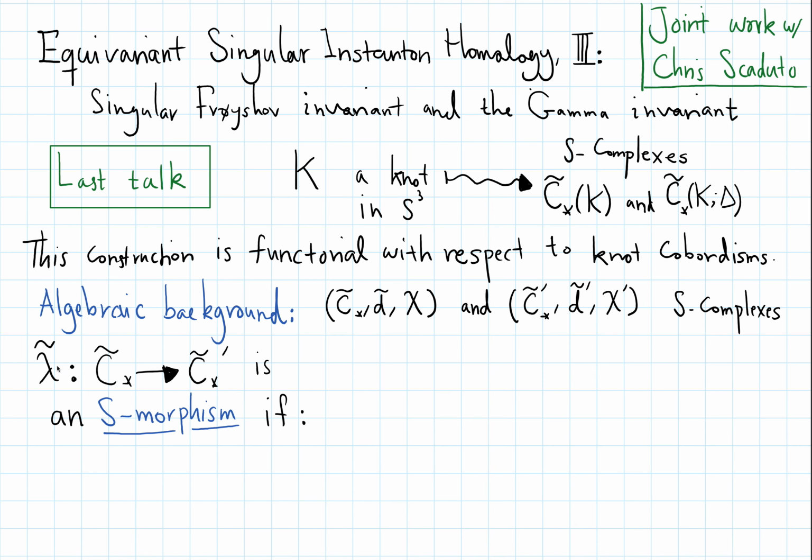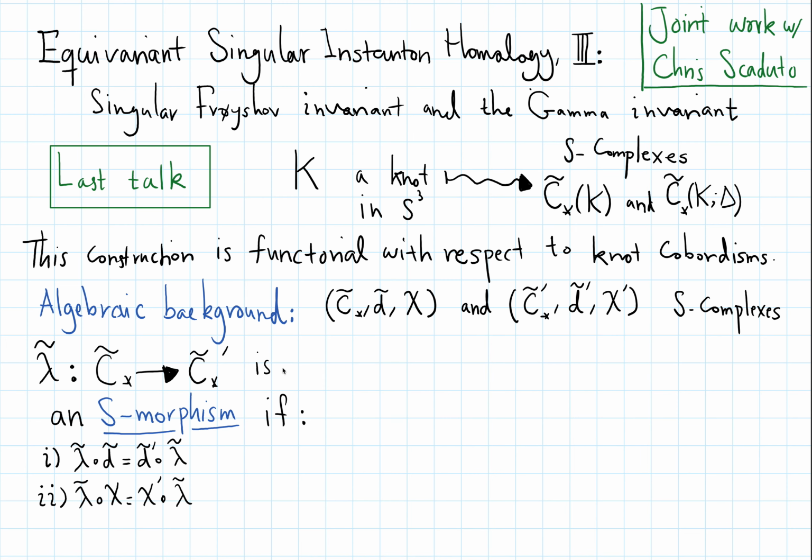So a homomorphism of the abelian groups C tilde and C tilde prime, which is graded, so remember that both of these two are graded, and we require that this map has degree 0 with respect to these gradings. We say any such homomorphism is an S-morphism if it satisfies these conditions. Firstly, it's a chain map, which means that it commutes with the action of the differentials D tilde and D tilde prime.